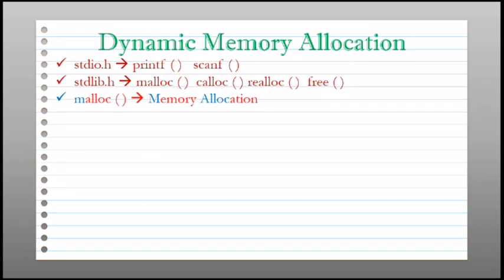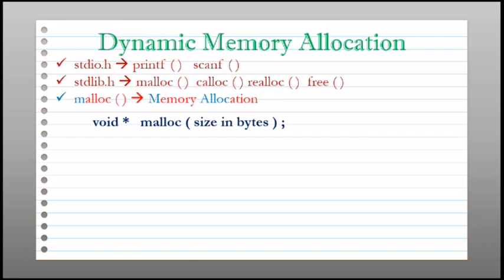Now we will see the syntax of the malloc function, which is already declared in the stdlib.h header file, that is void pointer, then malloc, and in brackets size in bytes.